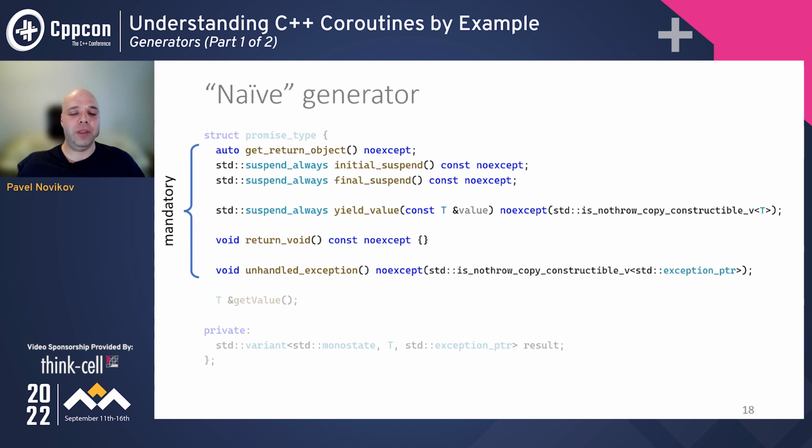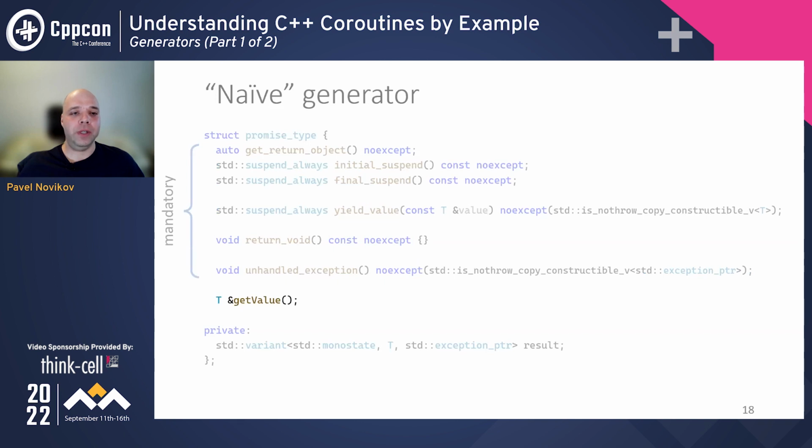These functions are required by the compiler when you want to compile your coroutine code. And here we have a function just for our convenience. It is not mandatory. I defined it for my convenience to use it later in other parts of the implementation. And in the private section, we have a variant that signifies the result that we can get from executing the coroutine, our generator.